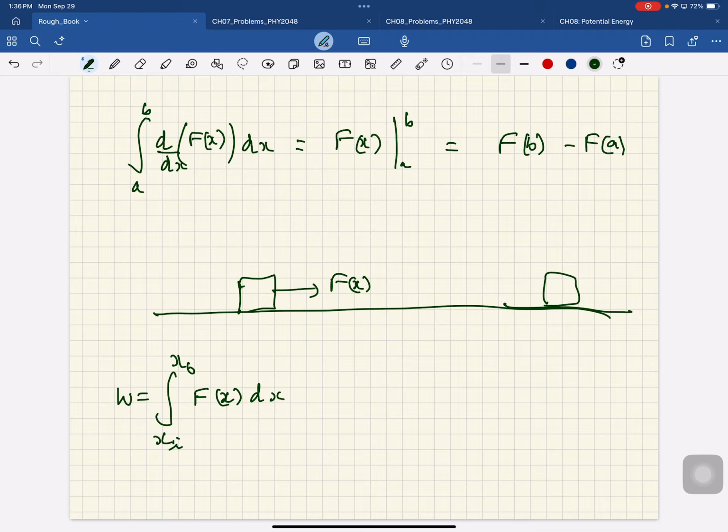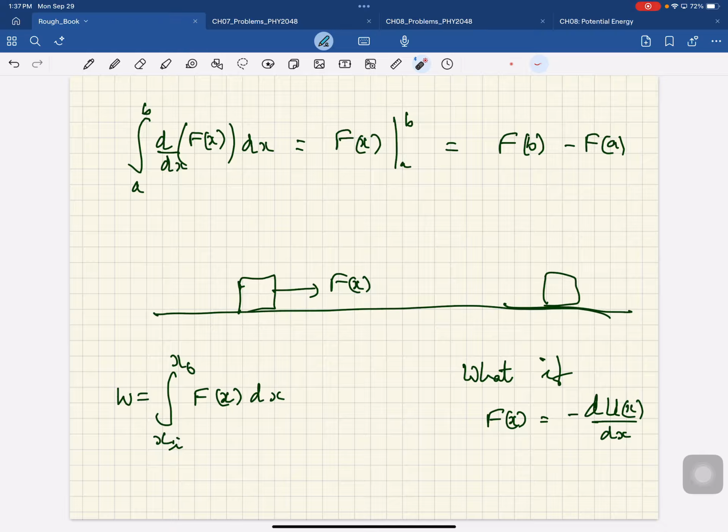Now, what if this force is a derivative of a function? And U is the symbol used. We'll come to that function; this function is called a potential energy function. And the negative sign, we'll come to that in a little bit. What if the force is given by that? These forces are special kinds of forces. They're called conservative forces.